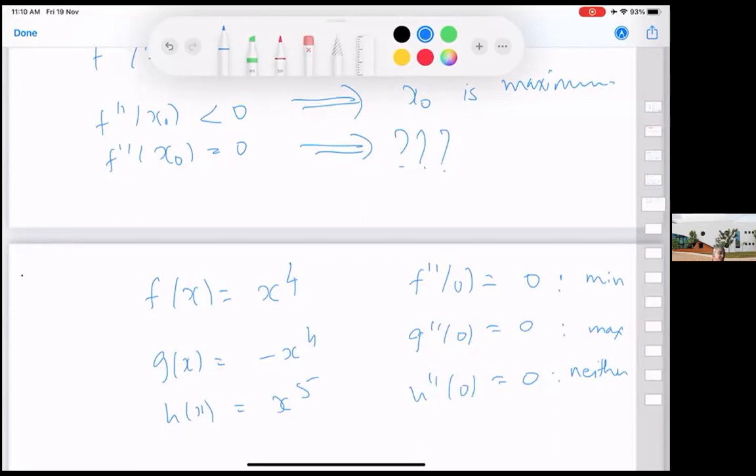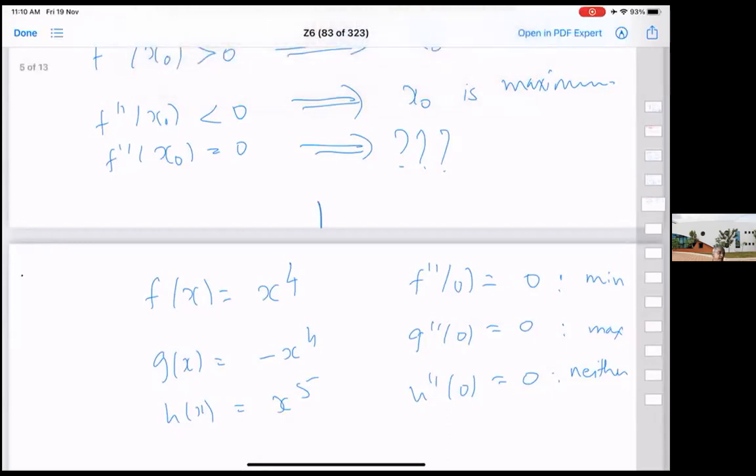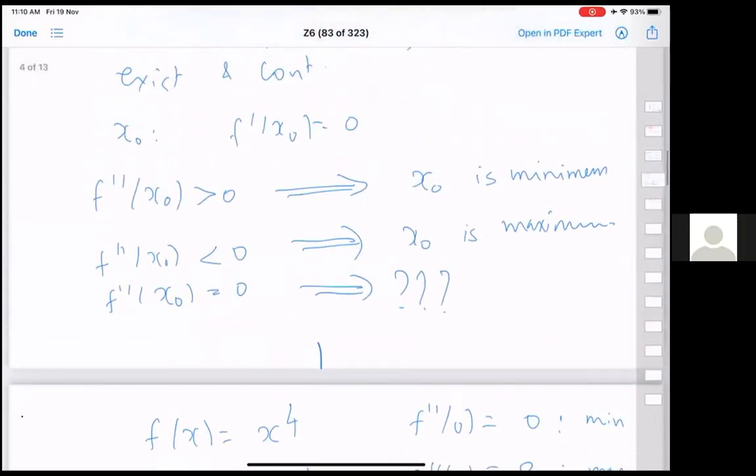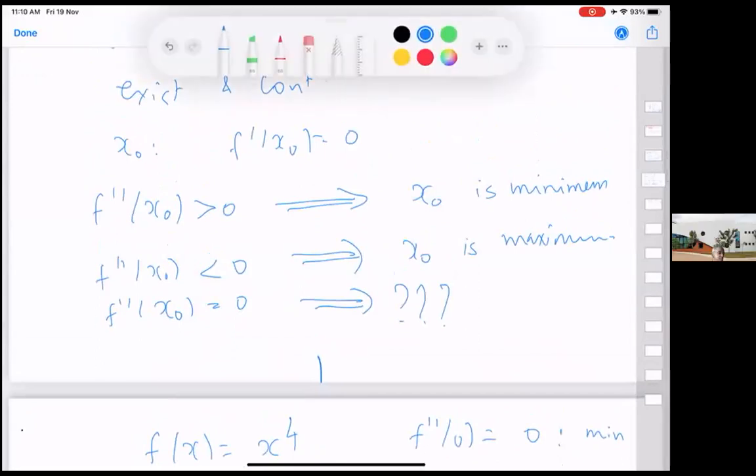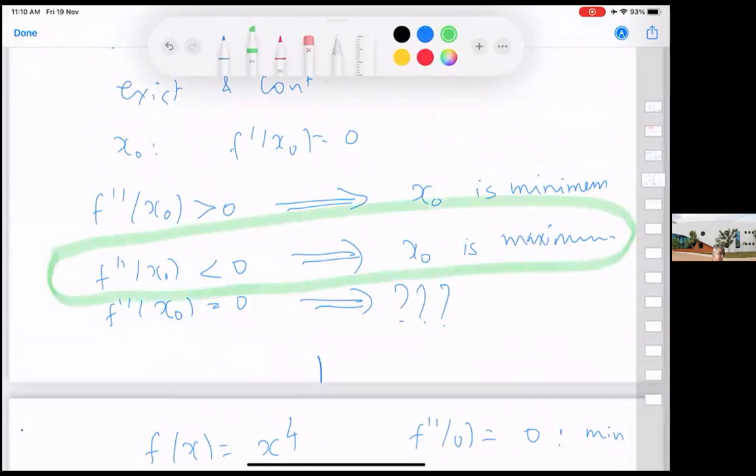So what to do, we will see. But let us focus on why f double dash less than 0 says x0 is a maximum.